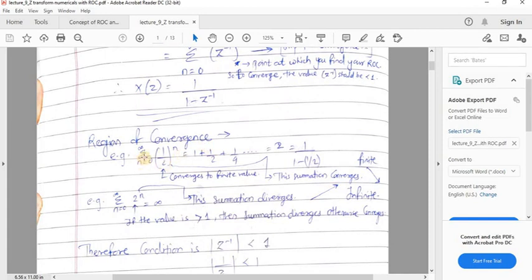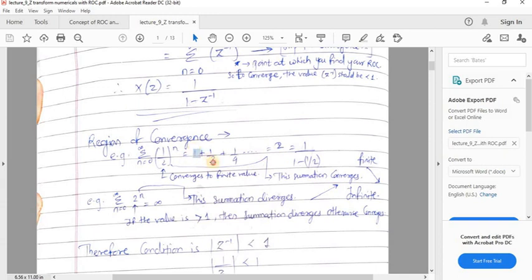For example, the summation of n equals 0 to infinity of half to the power n. We have already seen that this sequence will be decaying. The first value is higher, the second value is less, half and half, and it will go to 0.